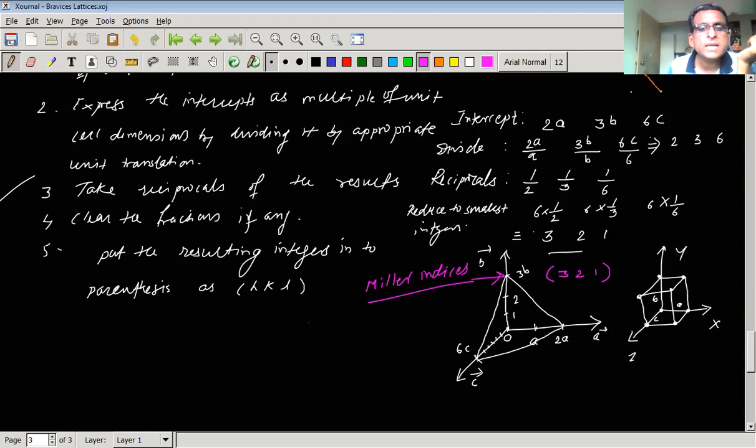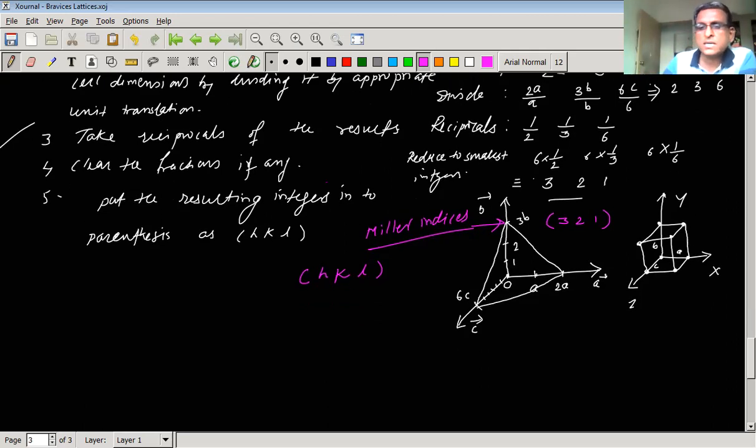Normally, theoretically, the Miller indices are denoted by HKL. HKL is the standard notation to represent the Miller indices of any plane. So students, we have calculated the Miller indices of the plane which is taken as an example. By following a similar procedure, we can calculate the Miller indices of any plane, isn't it?